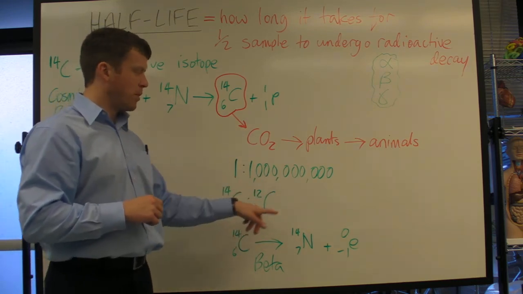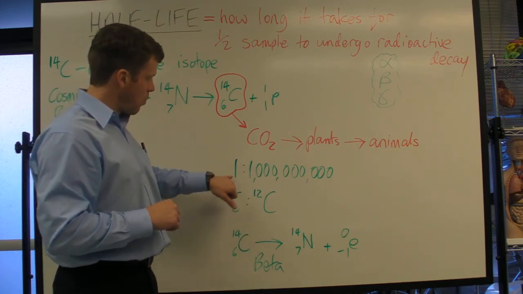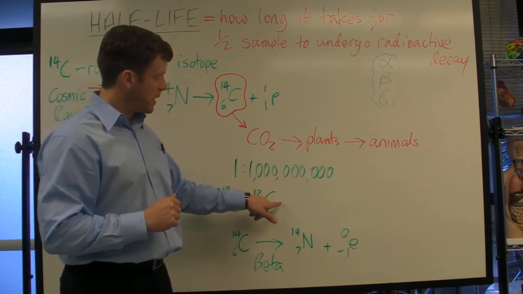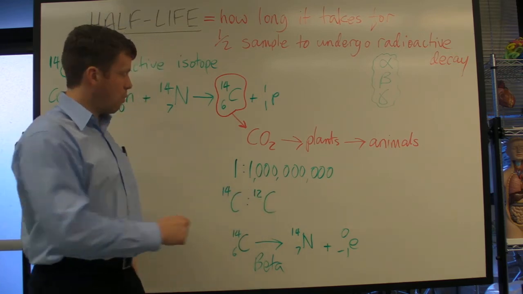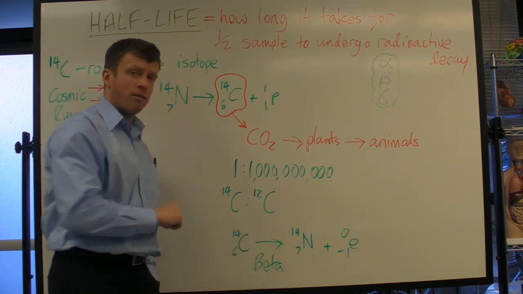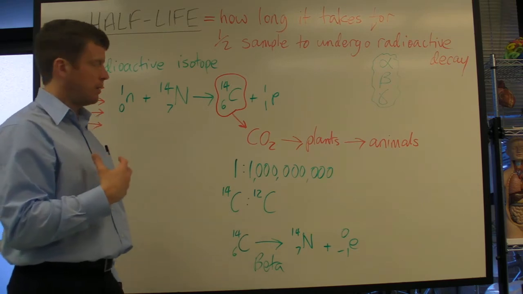Carbon-12 is the most abundant stable isotope, but the ratio is one atom of this radioactive isotope to a billion of the stable isotope. So 1 to a billion is the ratio. So a really tiny fraction of the carbon-14 is inside us, but it's definitely there.